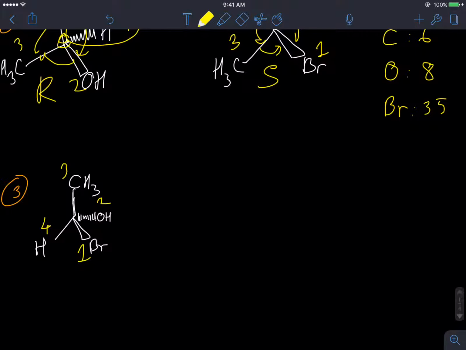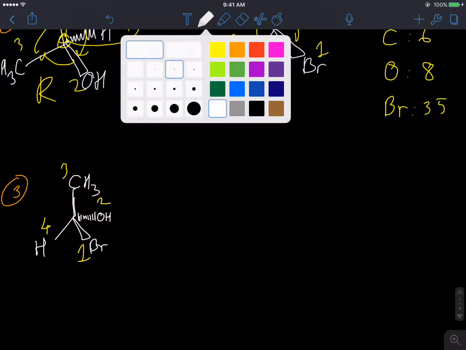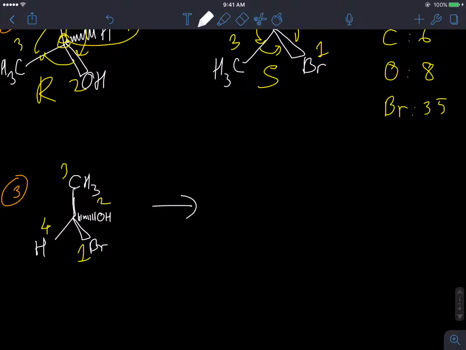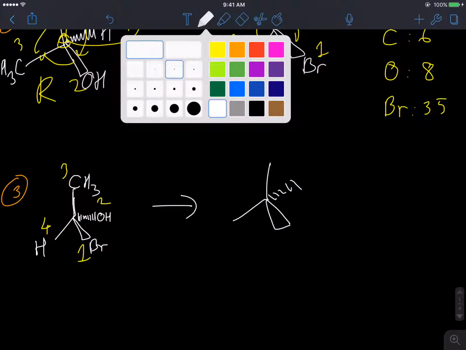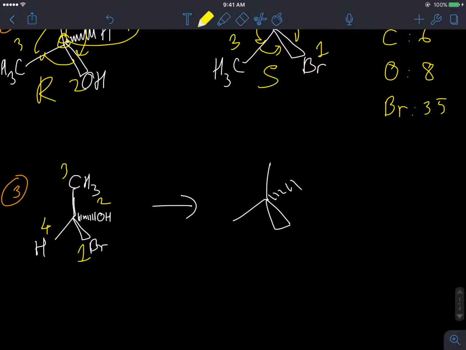So we just need to keep the structure and just write down the numbers on the structure instead of the whole group, instead of everything. So just write down number 1, 2, 3, and 4.